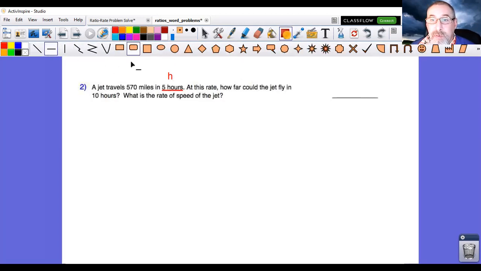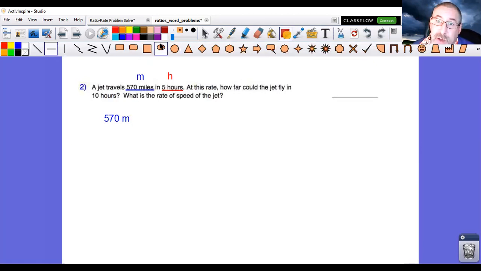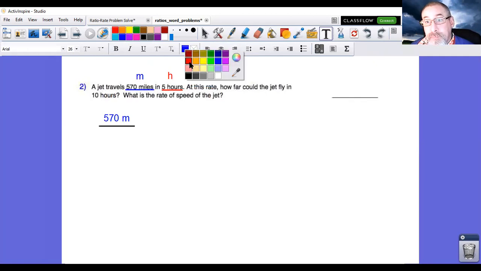That's going to be measured in miles. So we first need to set our ratio up. So we have 570 miles, and it travels those 570 miles in 5 hours. We want to know the unit rate.